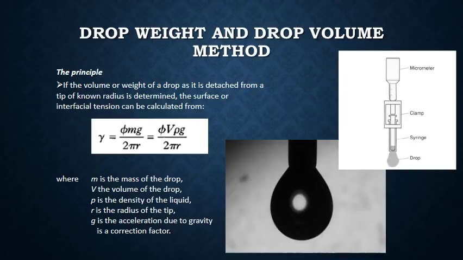So the last method that you can use to measure surface tension of your liquid is the drop weight and drop volume methods. The principle of these methods is that if the volume or weight of a drop as it is detached from a tip of known radius is determined, then the surface tension can be calculated using this equation, whereby m is the mass of the drop, v is the volume, g is gravity, and r is the radius of the tip.